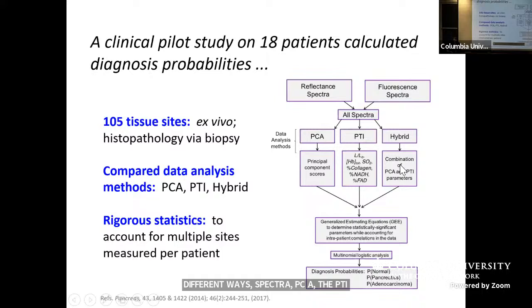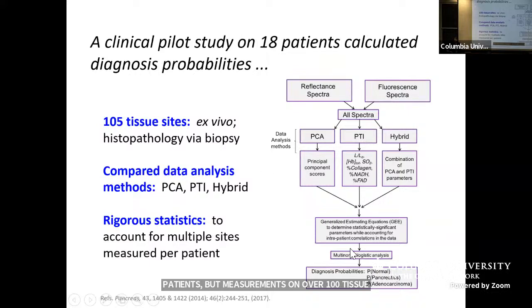We were able to get out these parameters, and then we brought in a biostatistician from the Cancer Center to help us because we wanted to compare these multiple data analysis methods, but we recognized that we had 18 patients, but measurements on over 100 tissue sites. So there's a possibility that we can have intra-patient correlations in the data.